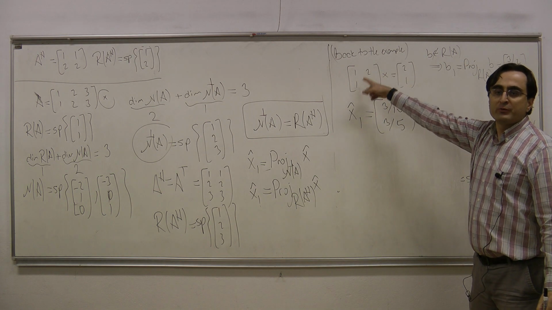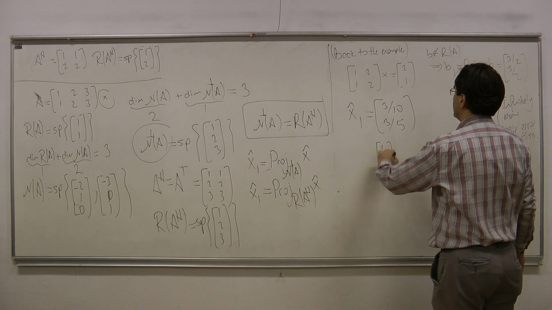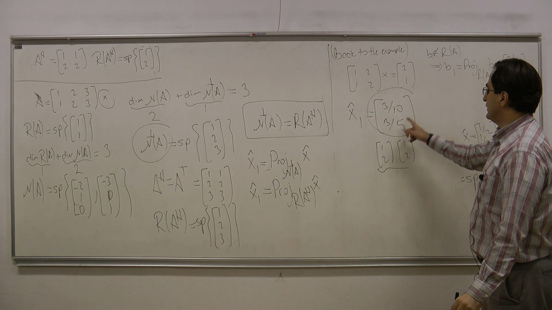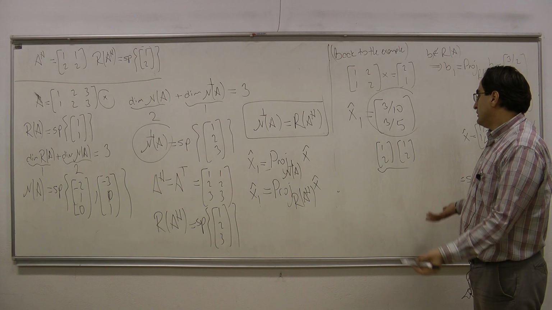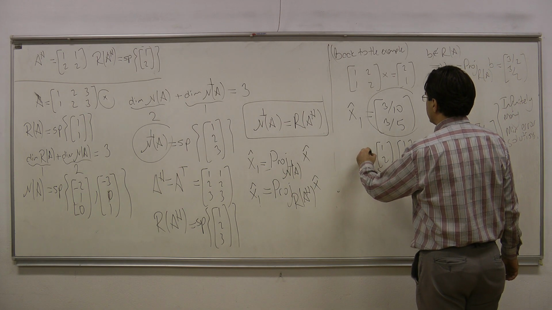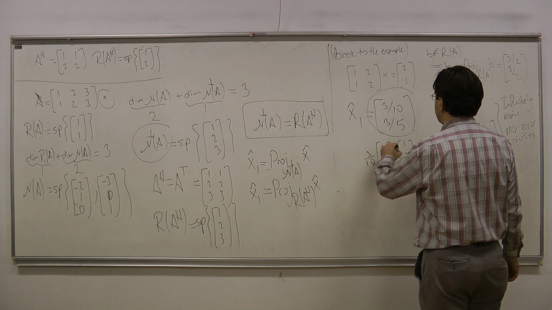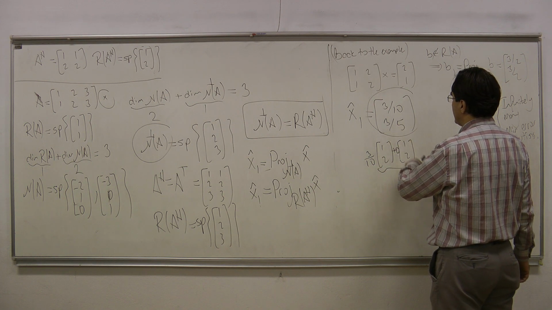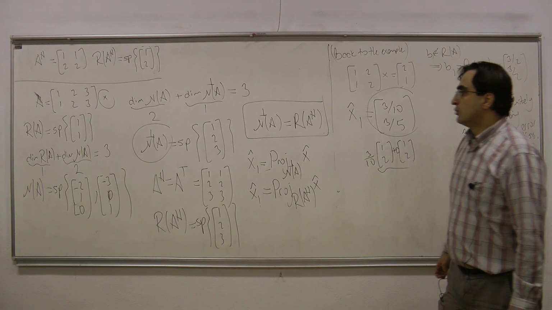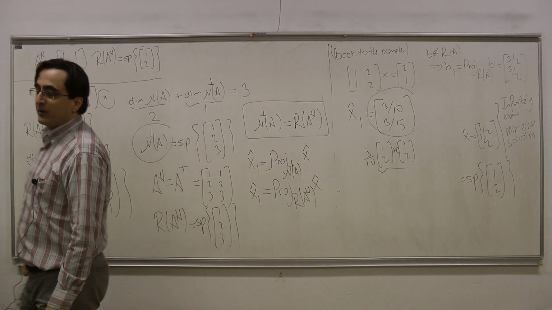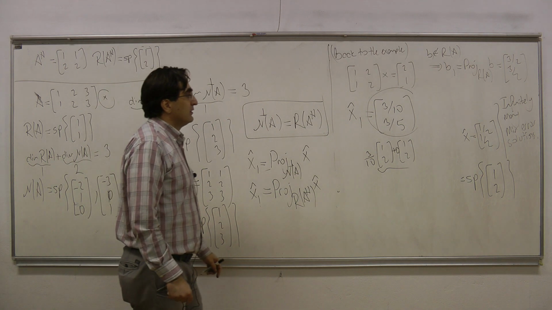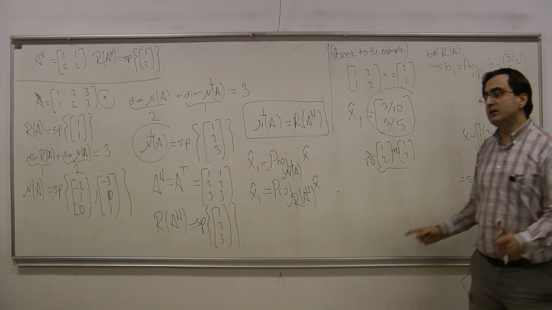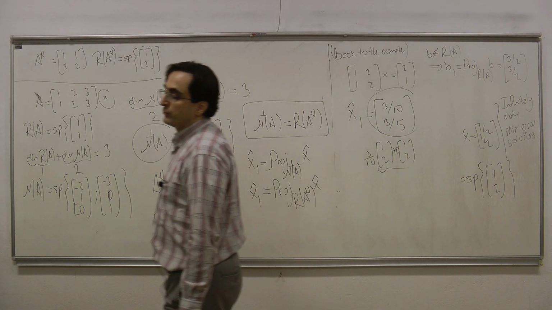Now look at the rows of this matrix: (1, 2), (1, 2). Is this solution x1 hat a linear combination of these rows? Yes, obviously. If I multiply one of the rows by 3 over 10 and multiply the other by 0, then this is going to be (3 over 10, 3 over 5). So this fact, the fundamental theorem of linear algebra, tells us that the minimum norm solution is always a linear combination of the rows of the matrix.